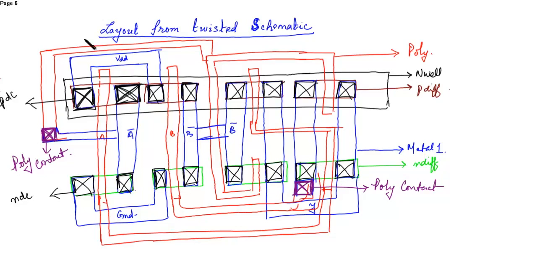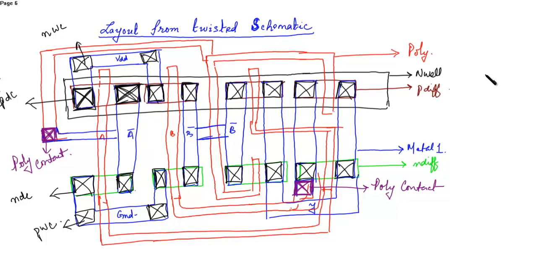After placing diffusion contacts, you have to place the substrate contacts. So this is the N substrate contact. Then this is the P substrate contact. So this is the layout of a twisted schematic, the layout of a XNOR gate that is drawn from the twisted schematic diagram.